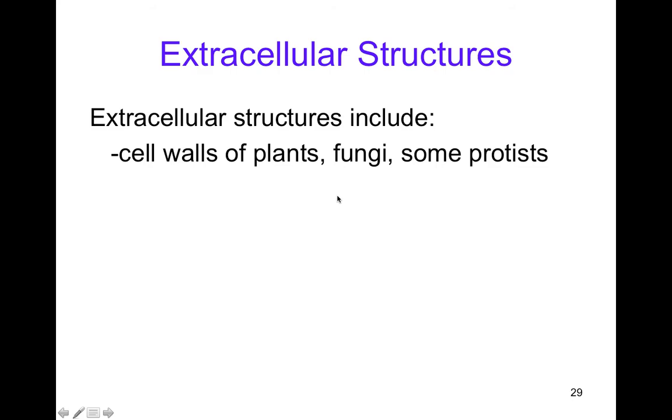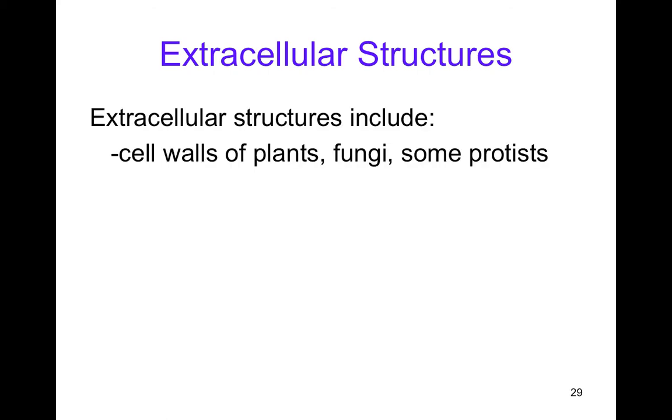And then outside of the cell, extracellular structures, cell walls is something you definitely want to write down. All plants, fungi, and some protists have cell walls surrounding their cell membrane. So again, this is outside the cell membrane.